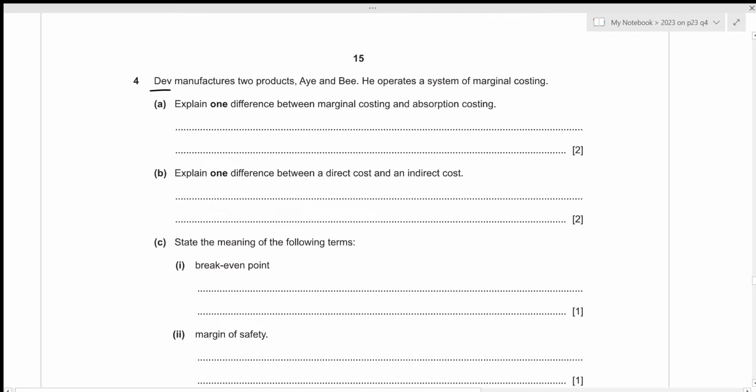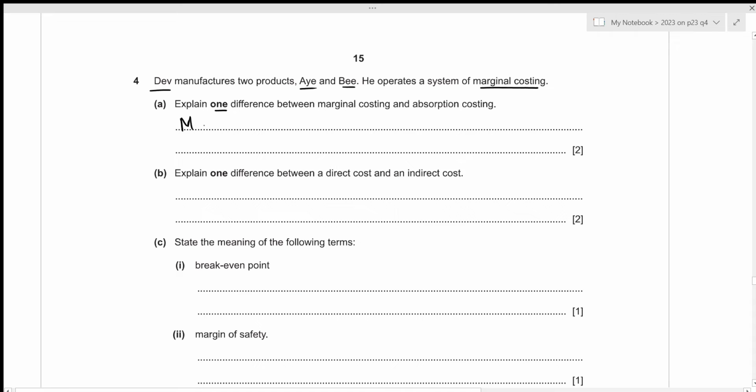Dave manufactures 2 products, A and B. He operates a system of marginal costing. For the first question, we need to explain one difference between marginal costing and absorption costing. So the most fundamental difference is that marginal costing values inventory at only the variable cost, whereas absorption costing values inventory at full cost, since we calculate the overhead absorption rate for our overheads within absorption costing. Let's write it down.